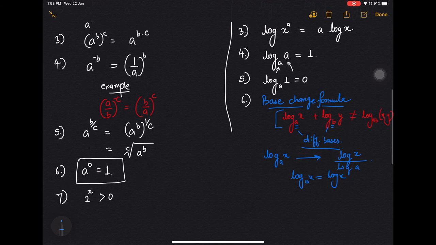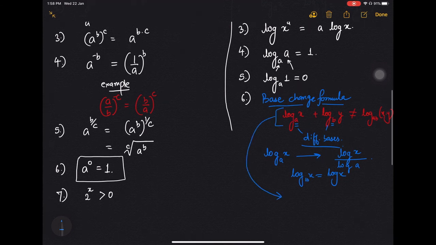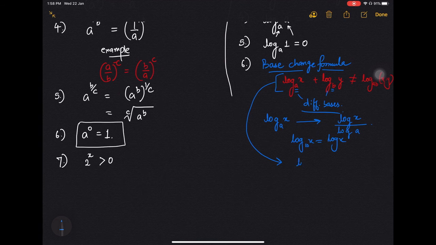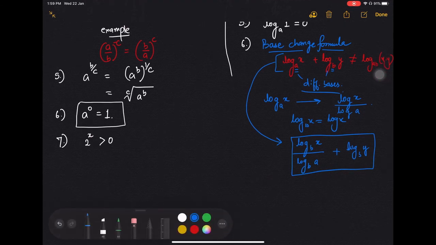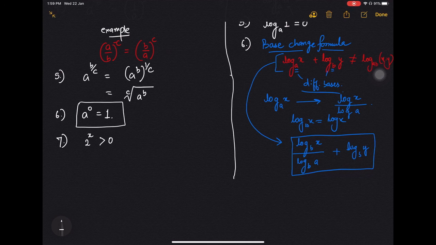For this particular question, I can write log base b of x divided by log base b of a, plus whatever was already given. Now you can deal with it since you have all the bases the same.